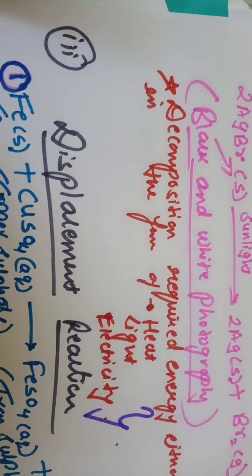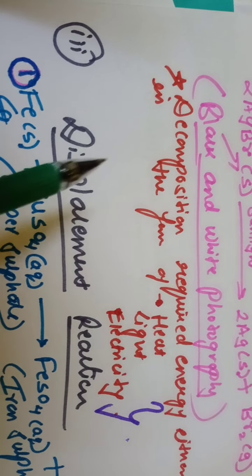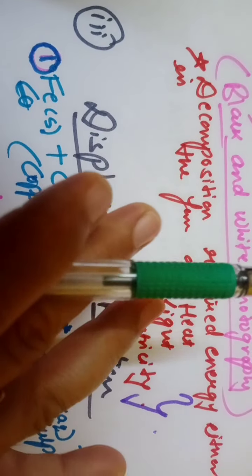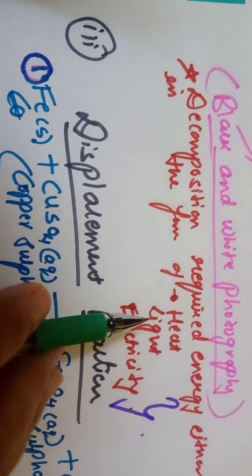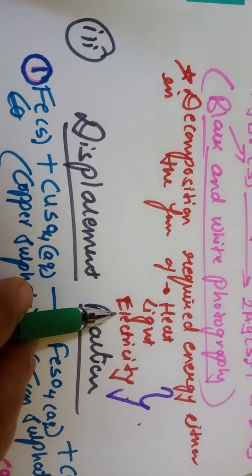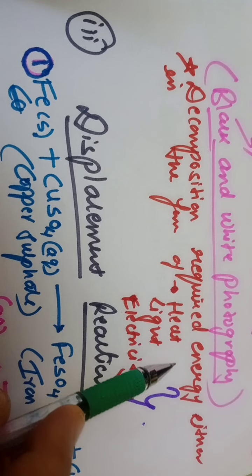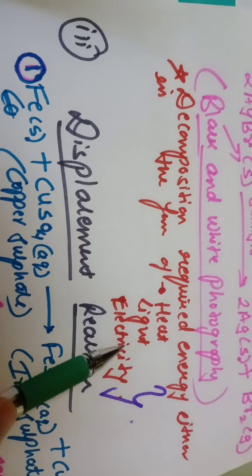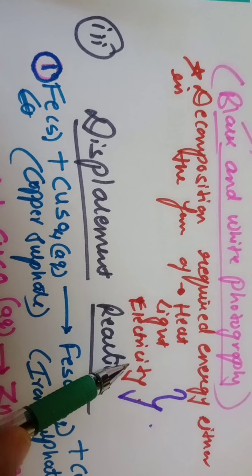Note down, this reaction is used in black and white photography. Decomposition requires energy either in the form of heat, light or electricity. It may take place in the presence of heat, light or electricity.